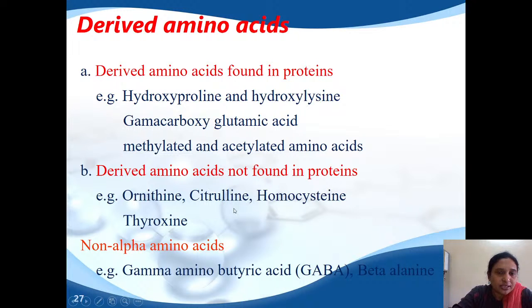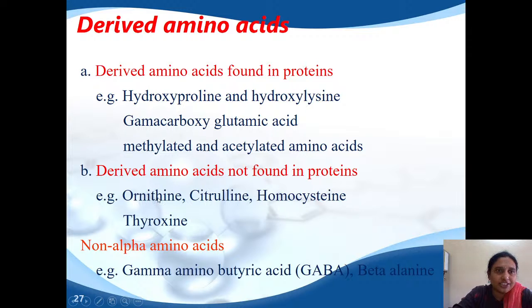Now, our interest here is to know what the non-protein amino acids are. These non-protein amino acids are found in the cell, but they are not found in the proteins. Examples of the non-protein amino acids are ornithine, citrulline, homocysteine and thyroxine.